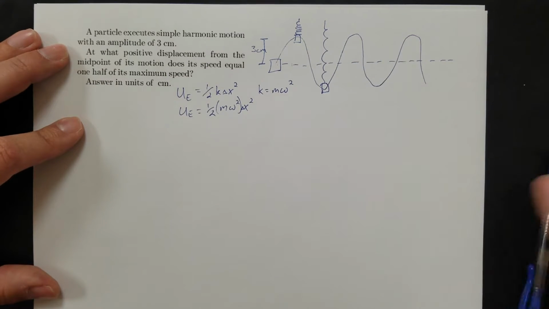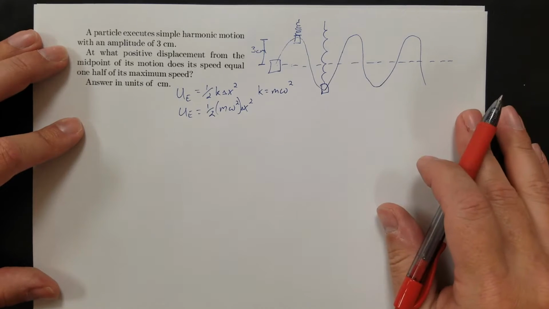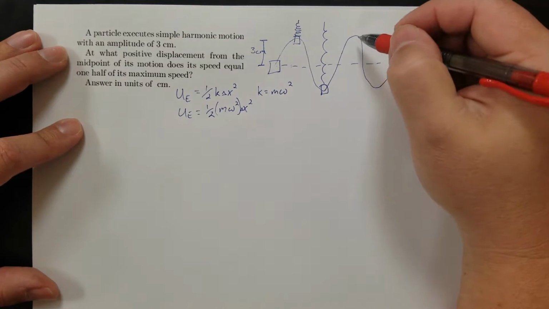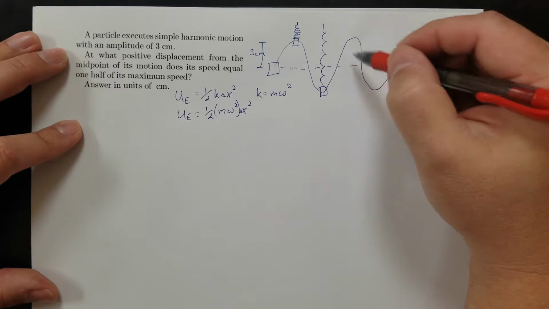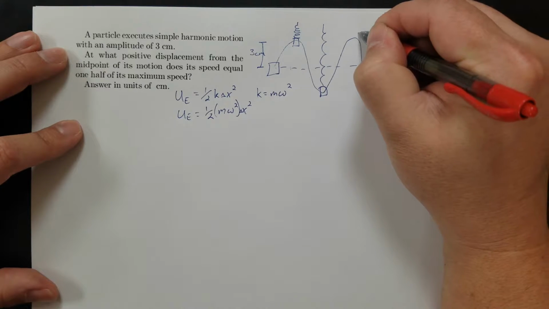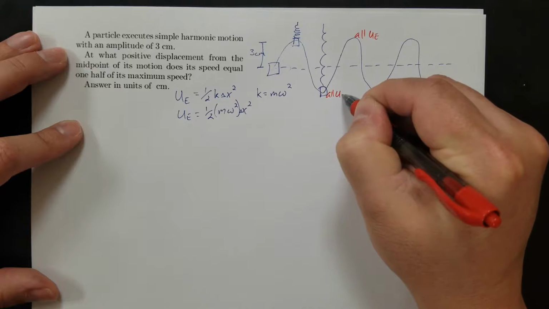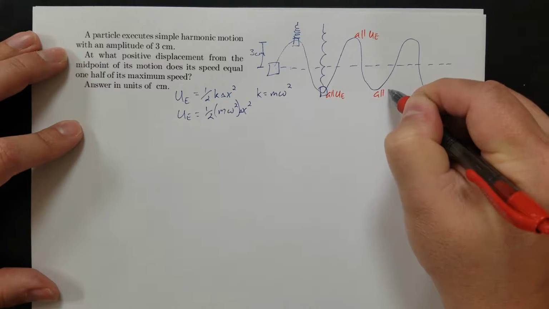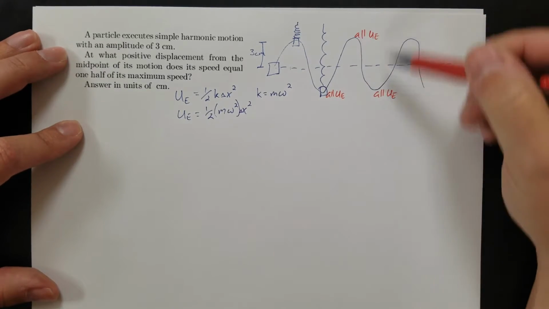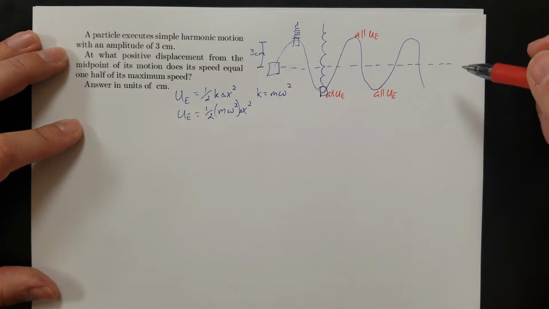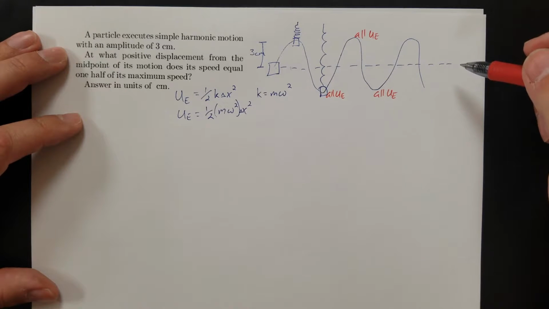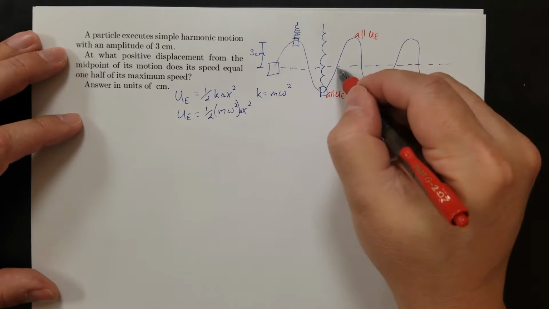So let's look at the energy at the different points. At the maximum displacements, at this point, this point, and this point, it's all elastic potential energy. And in the middle, it's all kinetic.